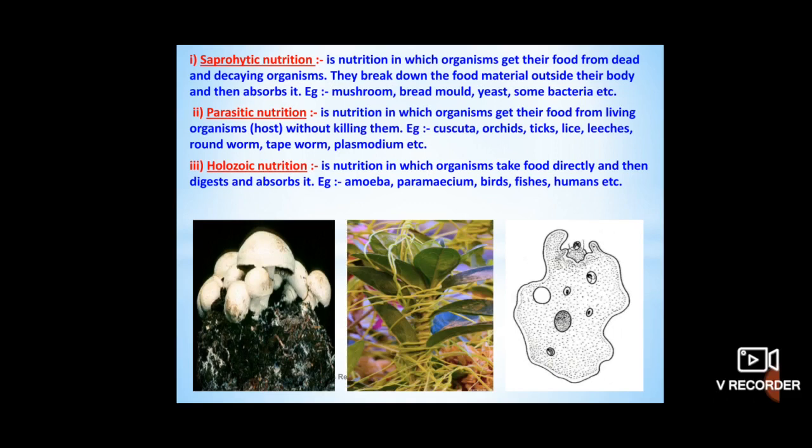And then roundworm, tapeworm, plasmodium, and some bacteria and viruses are organisms that adopt the parasitic mode of nutrition. So the parasitic mode of nutrition is the nutrition in which organisms get food with the help of a host cell without killing it. We call this the parasitic mode of nutrition.